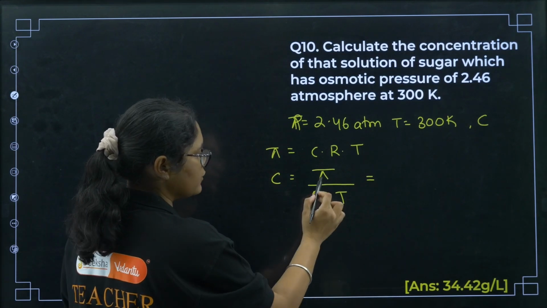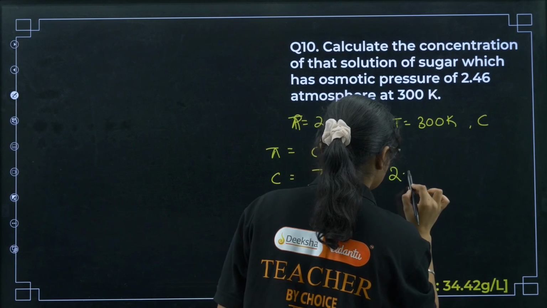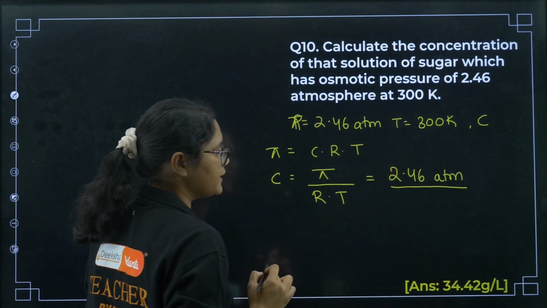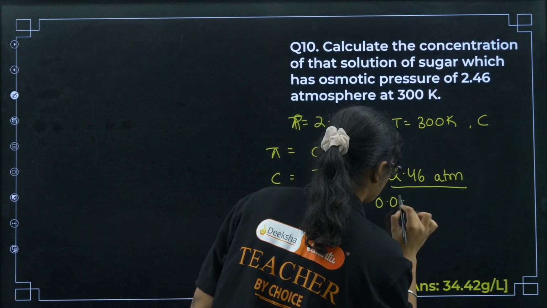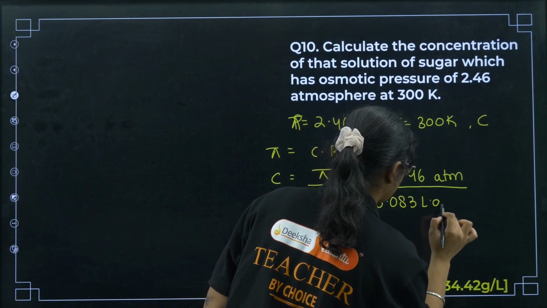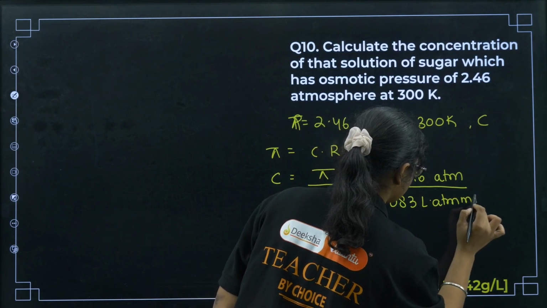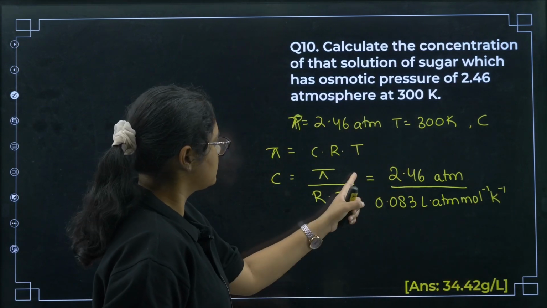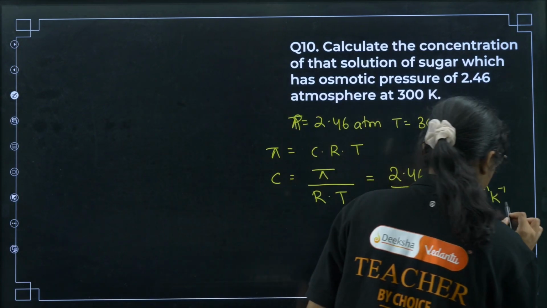Let me just put in the values. What is the pi value? 2.46 atm. Then the R value is 0.083 liter atm mole inverse Kelvin inverse. Next, temperature is how much? 300 Kelvin.